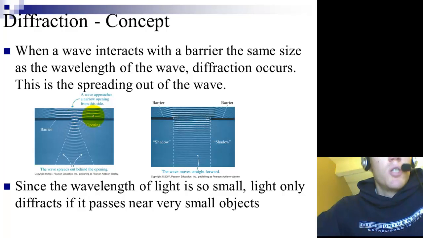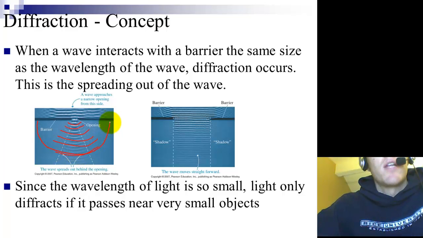So when an ocean or water wave passes through a small, narrow slit, it will spread out in these ring-like patterns. And it's not going to be perfect all the way around like this, with water. But you will see a spreading out. It will spread out like this.